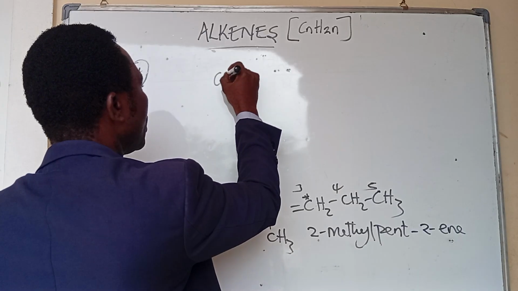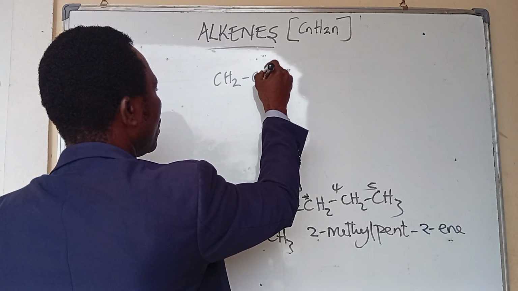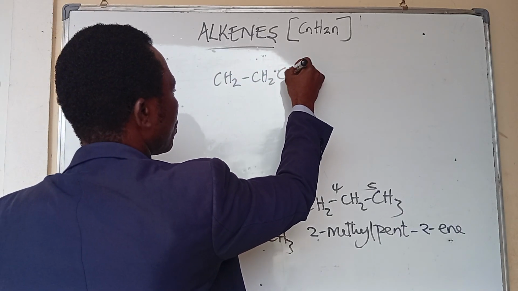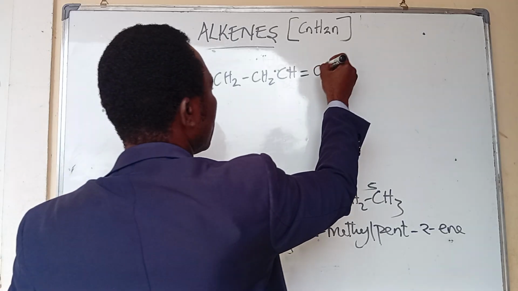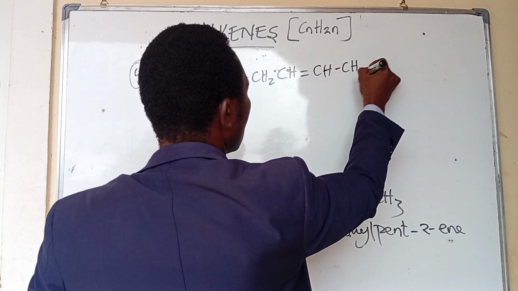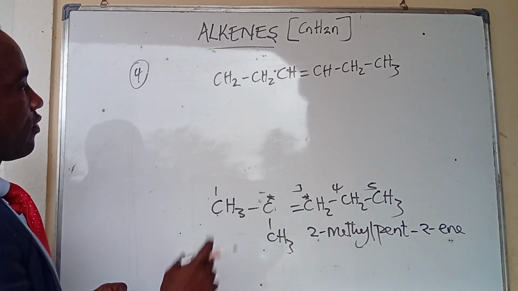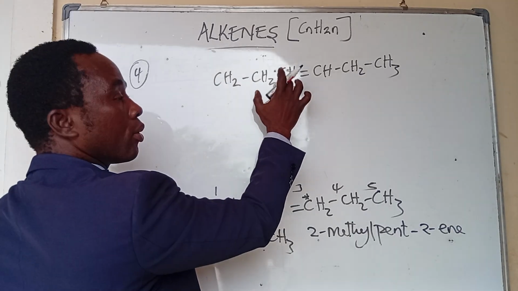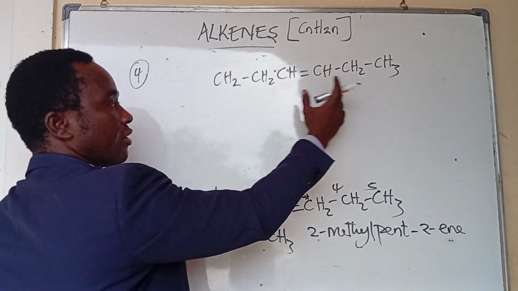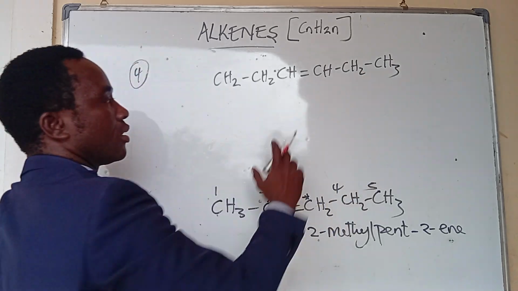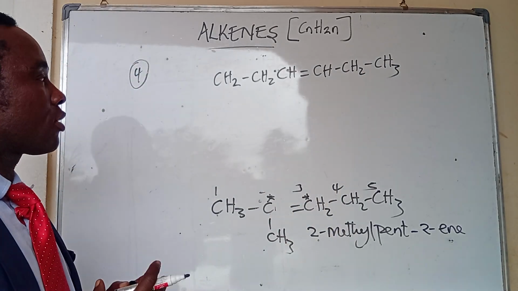That is CH3, CH2, CH, double bond, CH, CH2, and CH3. Now look at this. If you count 1, 2, 3, the double bond is at number what? 3. If you count from here 1, 2, 3, the double bond is also at number 3.